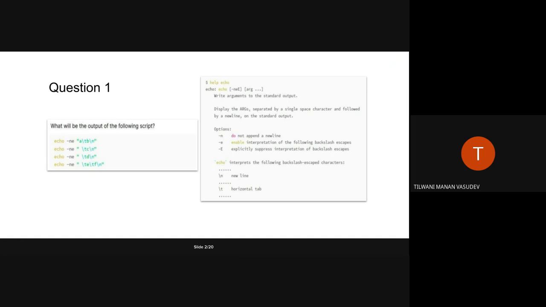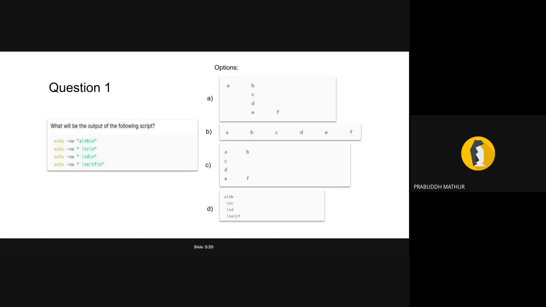So can you show the question options? Basically, what -n does is suppress the trailing new line, which is the default behavior of the echo command.